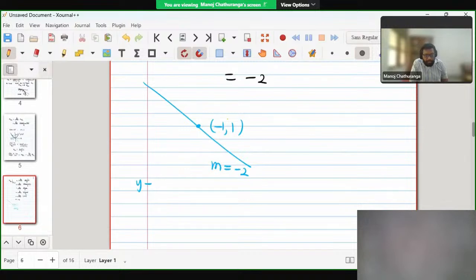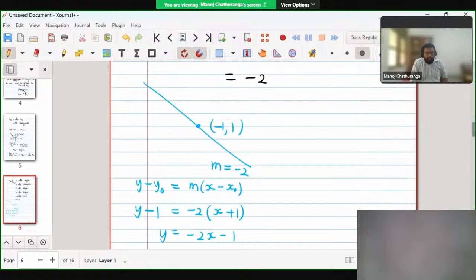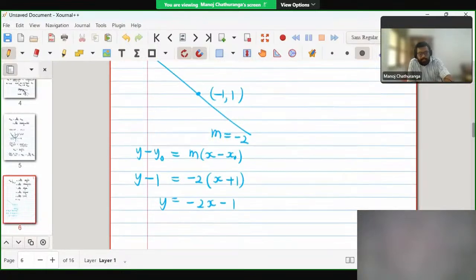Remember, point slope form says if x naught and y naught are on the graph, and if m is the slope, this is how the equation looks. So y minus 1 equals -2 times x minus -1. y equals -2x minus 1. So this is the equation of the tangent line.